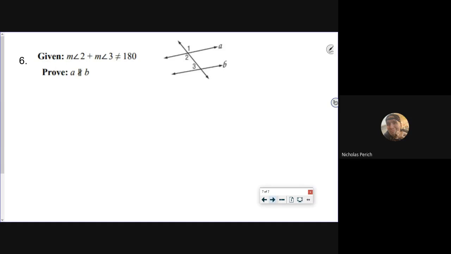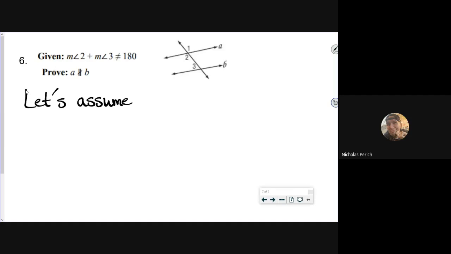So let's assume. I am given angle 2, which is an alternate interior angle to 3. I'm given the fact that they do not add up to 180. I am to prove that lines A and B are not parallel.